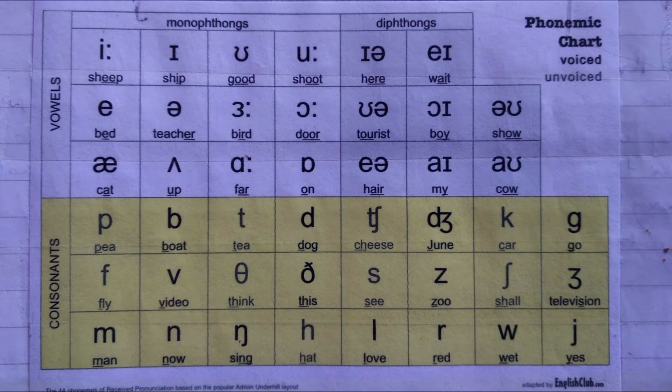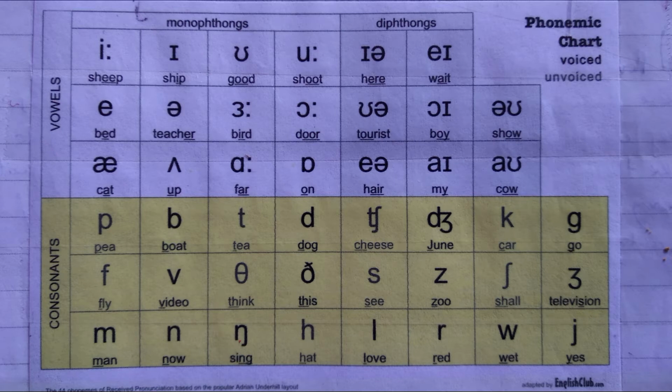But you can ask, how am I going to learn all of these phonemes? Well, the best way to get familiar with all the phonemes is to relate them to a word. For example, as you can see on the screen, the first phoneme, the E sound, is related to the word sheep.